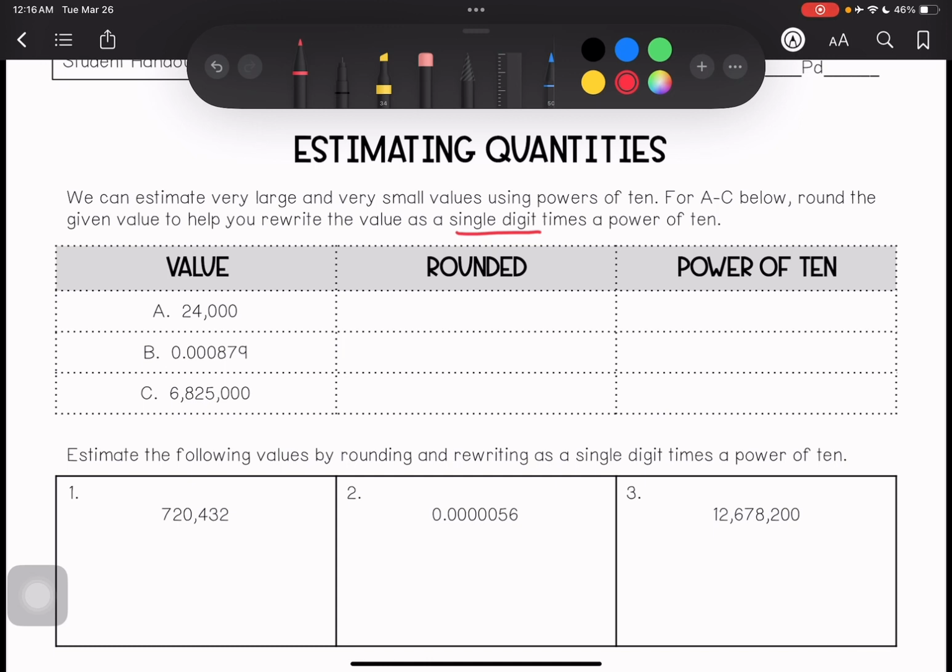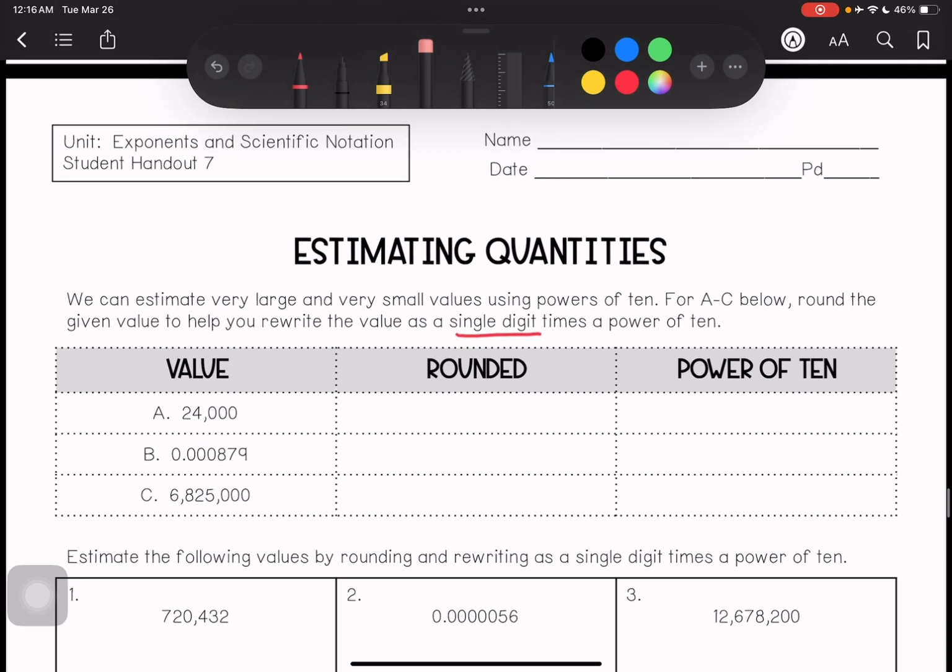So if we're going to round a number, one thing I want you to remember is this: when rounding, you're going to look to the right of the number being rounded.